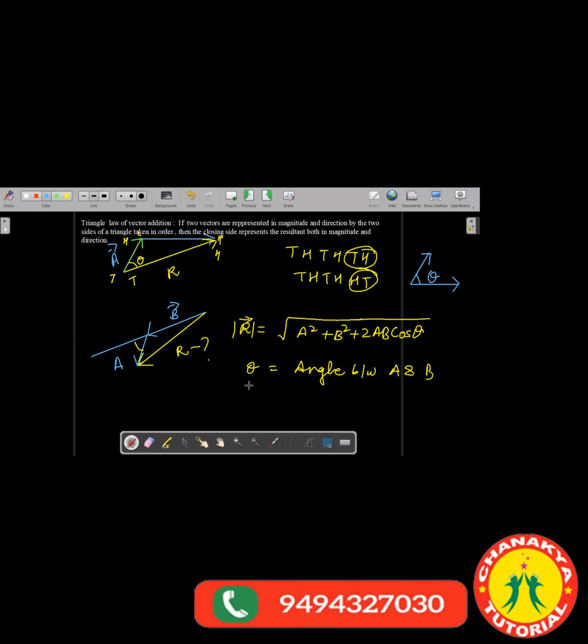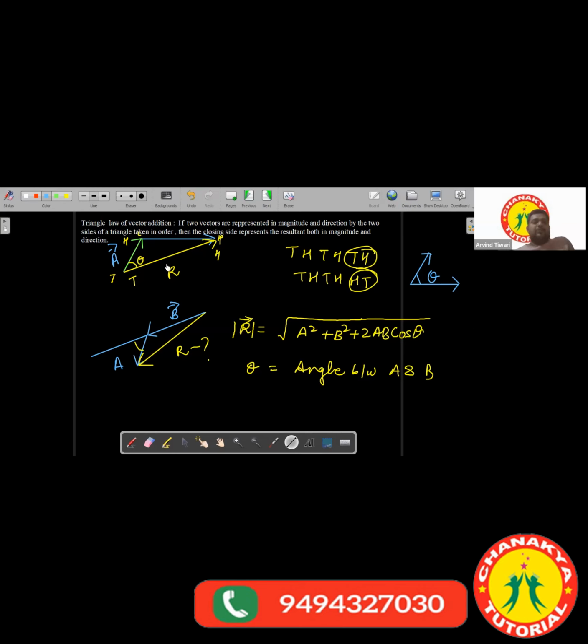Sir, in the previous triangle, what will be the theta here? The previous one. Okay. So here I have to make them co-initial, and I can make them co-initial if I move this B parallel to itself down. So you can see the value of theta would be this downward direction theta.